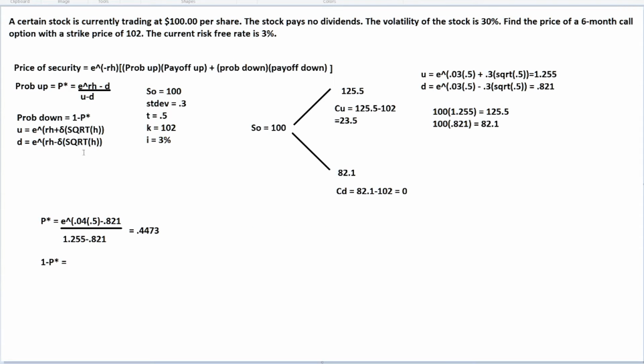So now that we have all the important pieces to fill in the blanks on our formula for the price of a security, we're just going to fill it all in here.